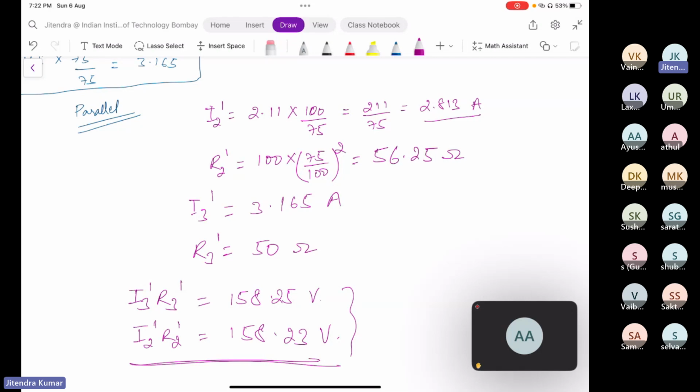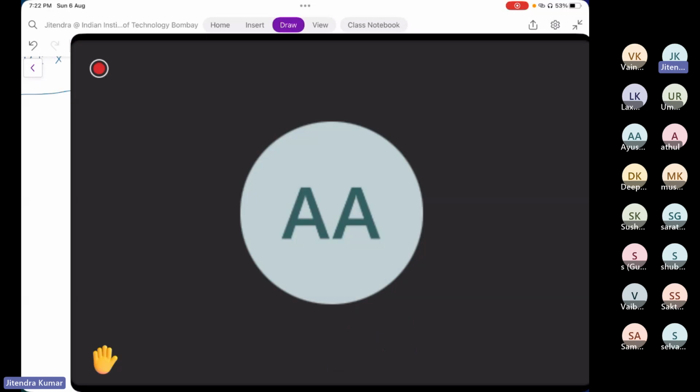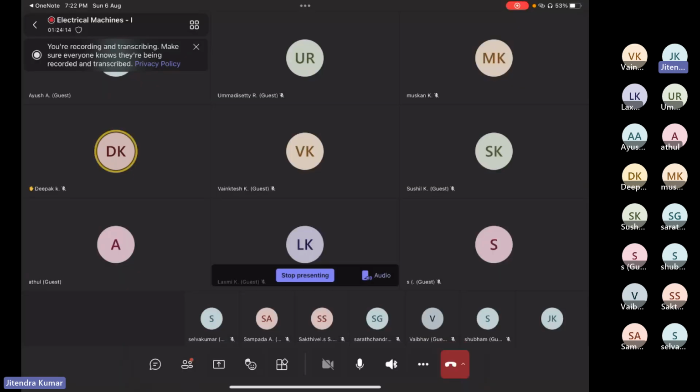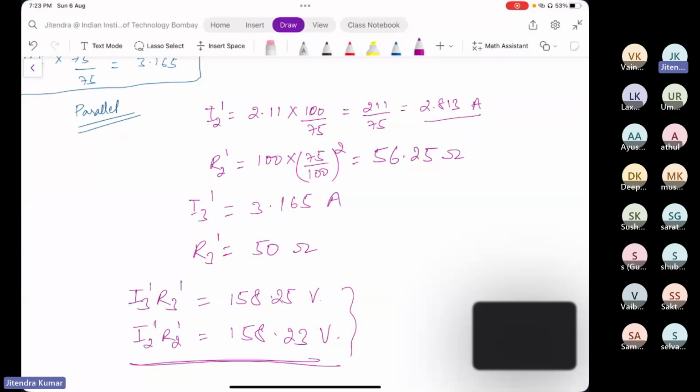So is it fine for both of you? Deepak and one more guy was telling something, I3 square R3 plus I2 square R2. Who are you? Please tell me your name. Yes, sir, that is the power consumed by the load. Atul, you were saying. So that is correct.